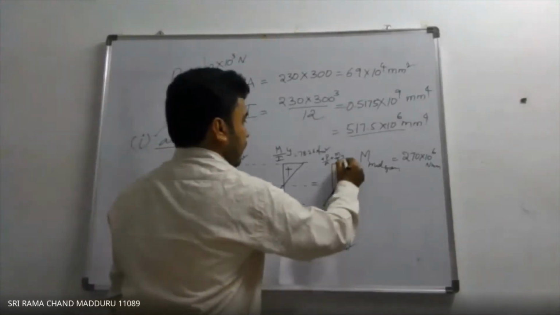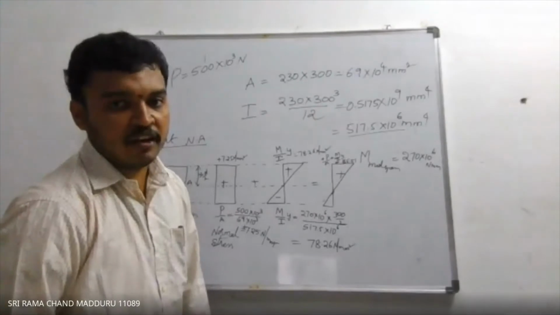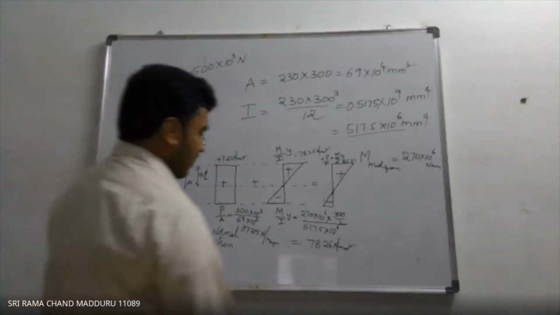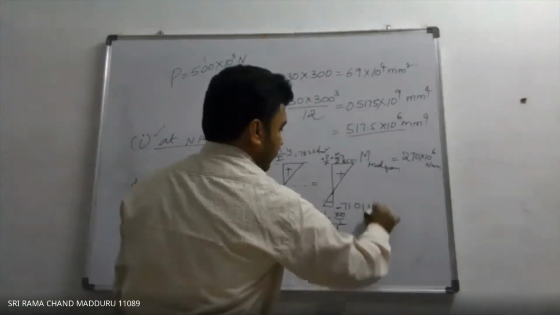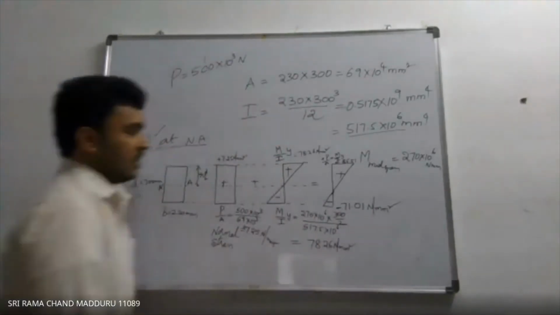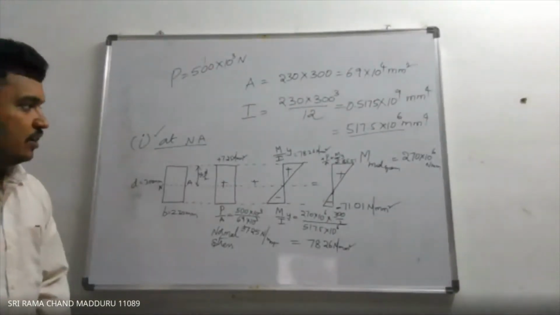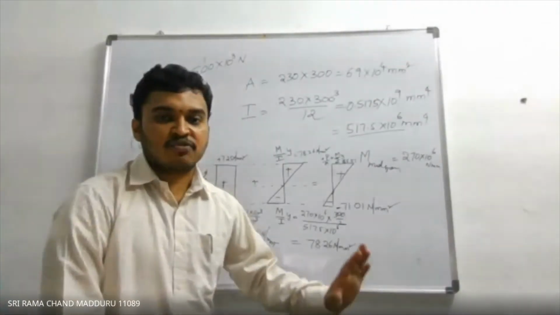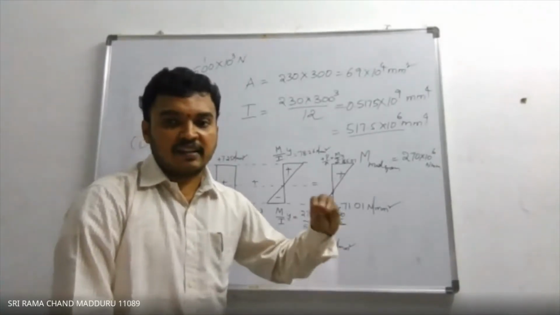So top fiber value is 85.51 Newton per mm square. Bottom is negative, 70.71, minus 71.01 Newton per mm square. So this is case 1, that means the pre-stressing is done at the neutral axis.